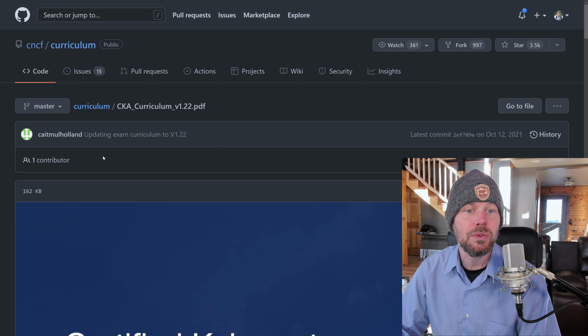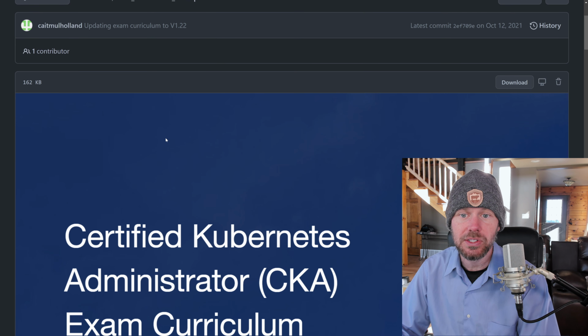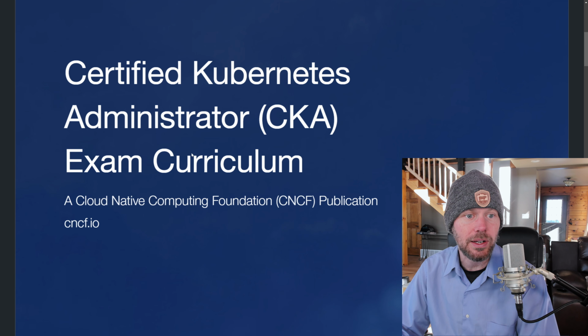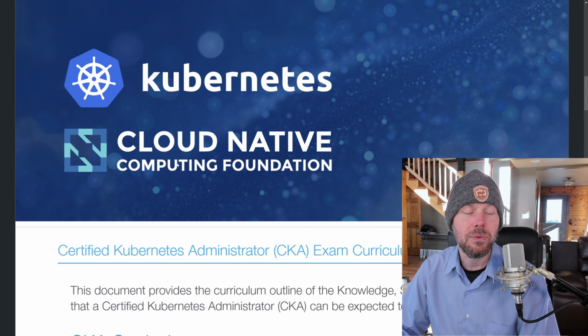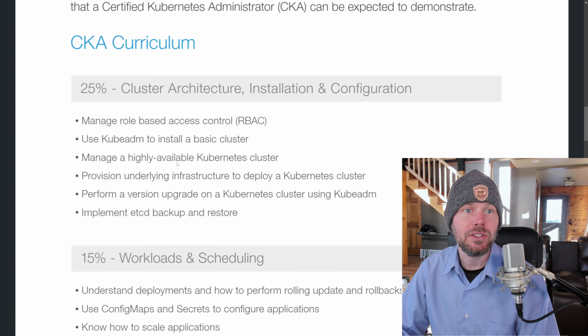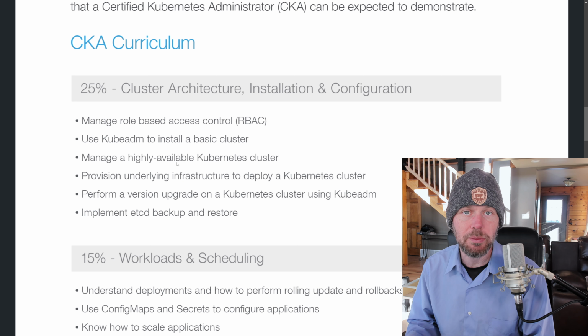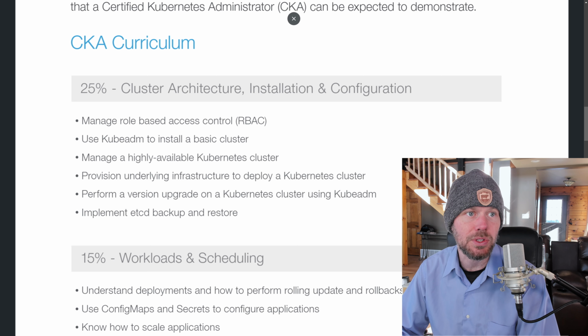So if we drill into the CKA guide here, this is kind of the rubric, I think you would call it, for the exam, and it kind of covers the different topics within Kubernetes that you are going to be experiencing as you take the exam.